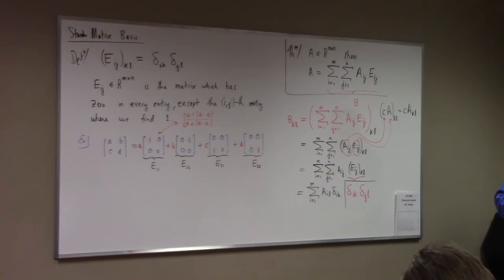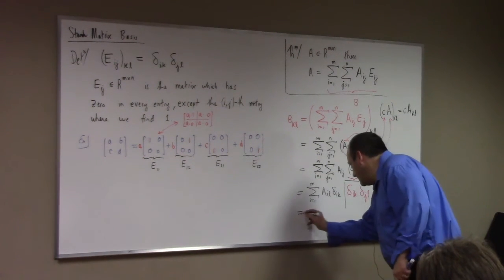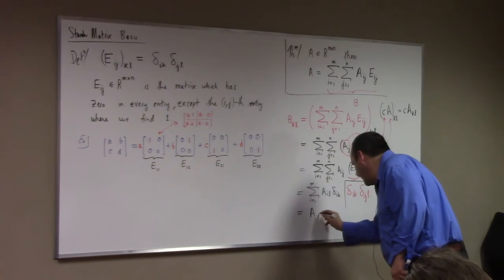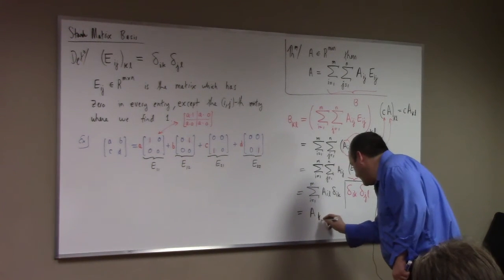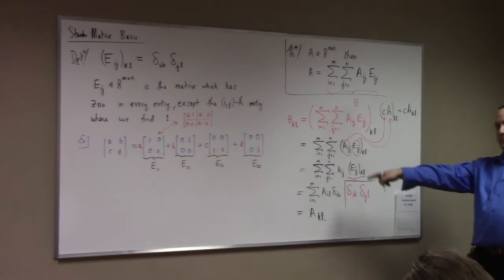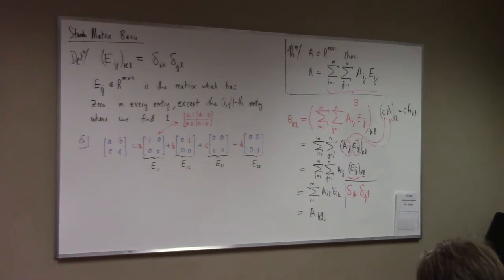And then we use the same argument again. That Kronecker delta ik is 0, except in the case i equals k. So this just leaves me with a_kl. So check it out, b_kl is equal to a_kl. k and l are arbitrary.